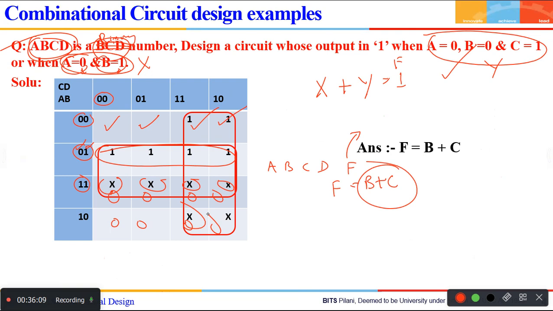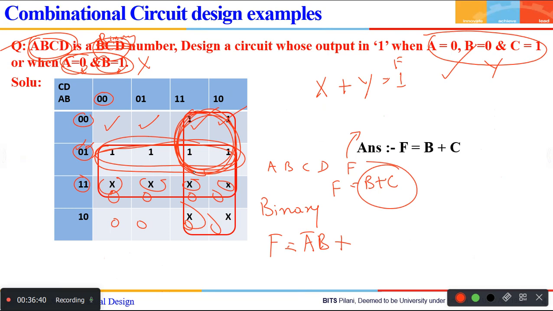Can you tell me what is going to be your equation, if it is a binary number? Output will be equal to, see, you can do a combination of this. That means F is equal to A bar B plus, combine all these 4.